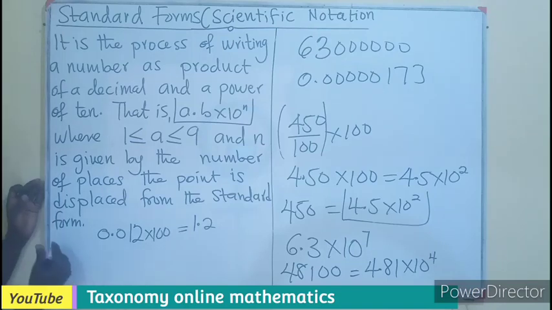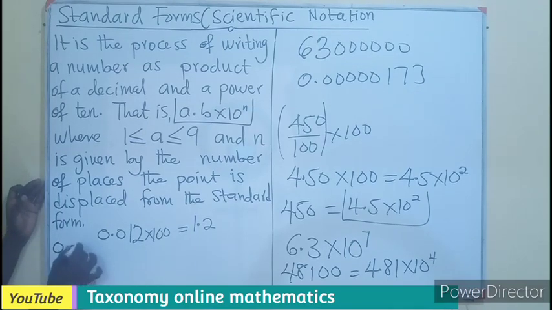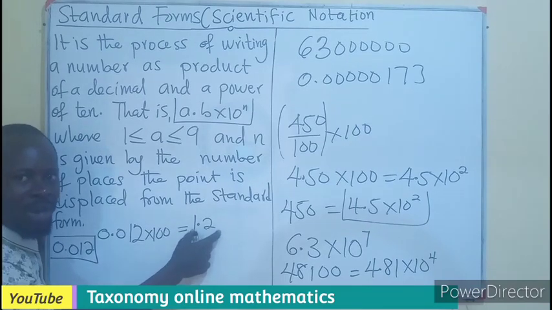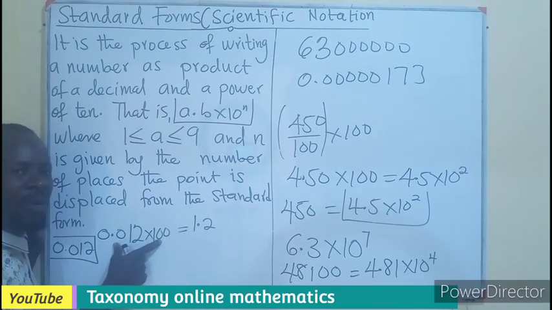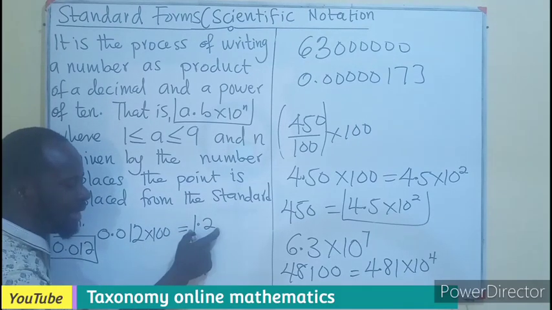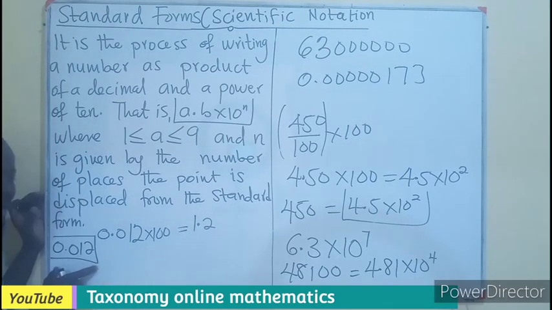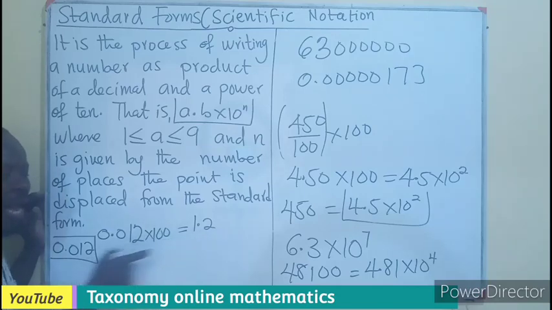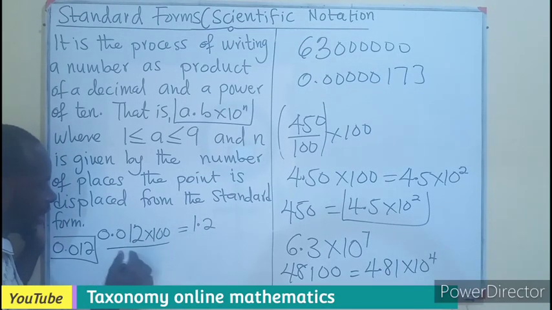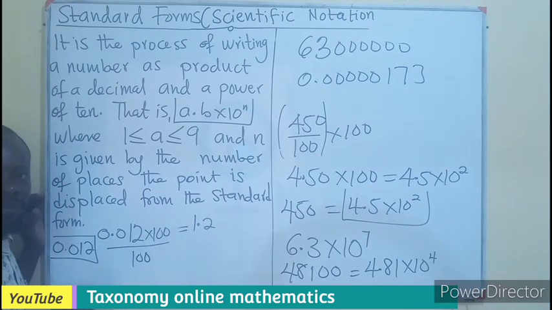But already this is 0.012, which is different from this. We only get this if we multiply by 100. But in what way can we maintain this to look the same as this without changing the figure? The only way is if I divide this back by 100.